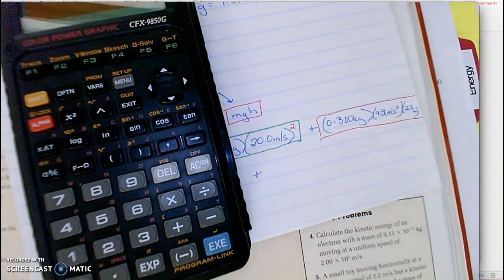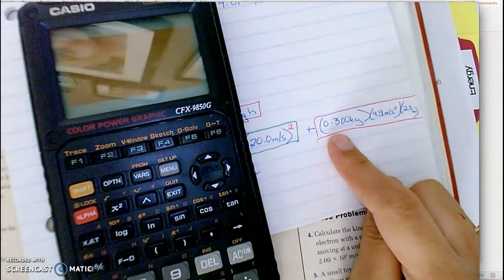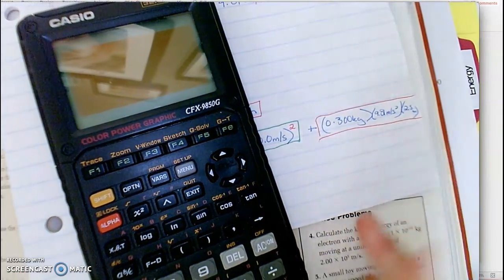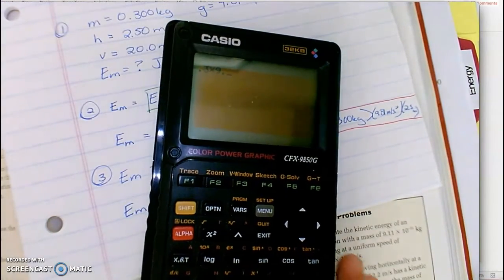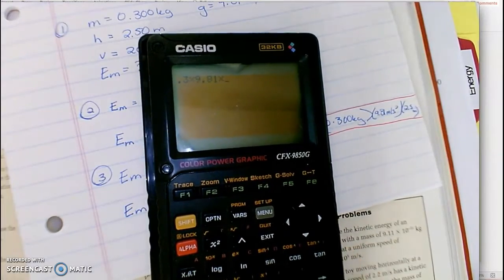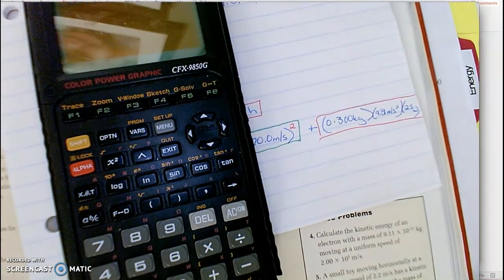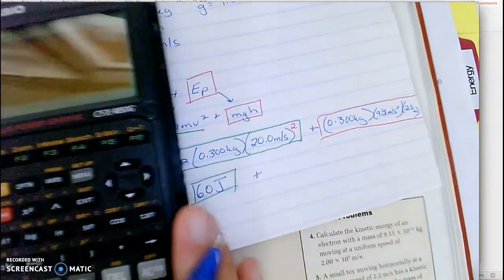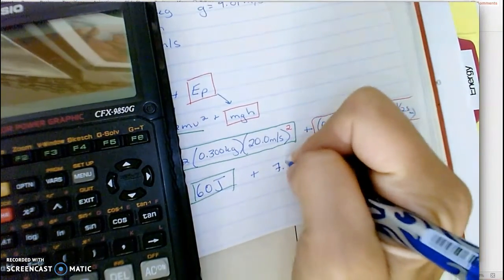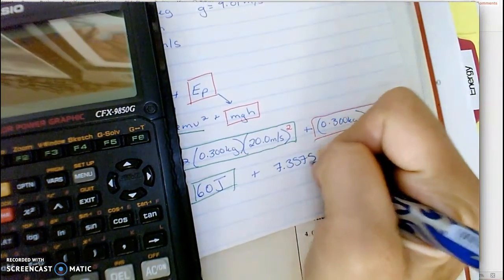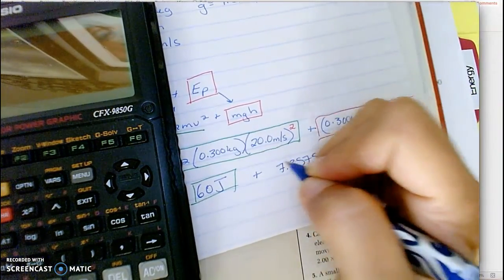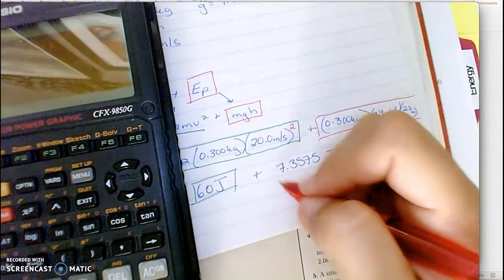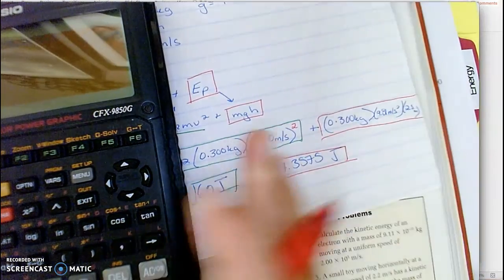Now let's do 0.3 times 9.81 times 2.5, and we're going to put the whole thing because that's what we're supposed to do. So that was the potential energy part of the question.